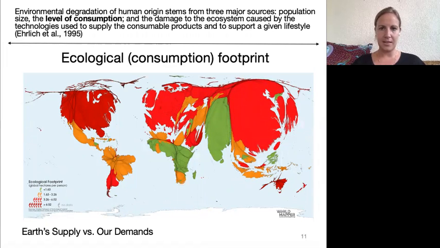And you can see here, this is a map by World Mapper, that shows the ecological, or the consumption footprint of different countries around the world. It gives a picture of each country's and each person's total ecological footprint. And the ecological footprint has been established as a measure to quantify humanity's impact on the natural environment.